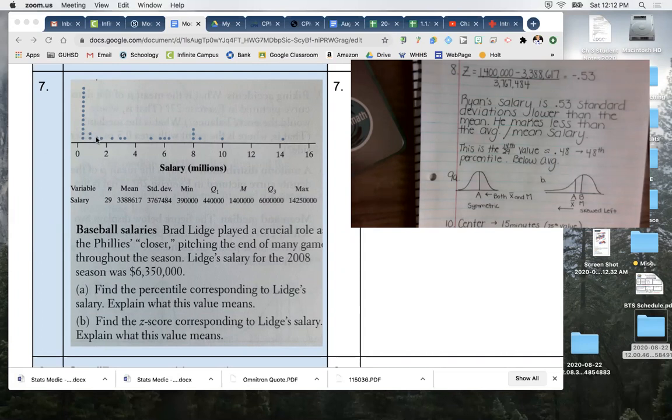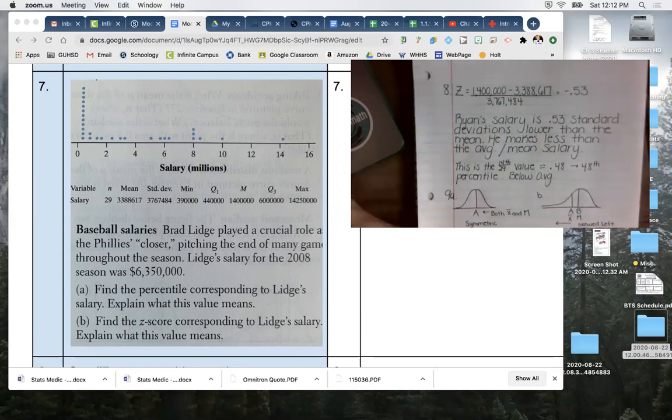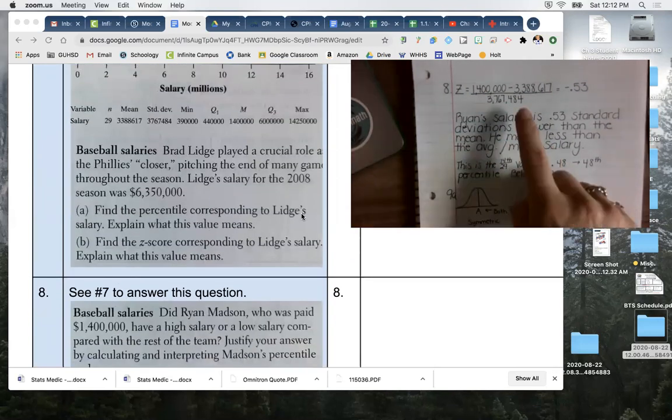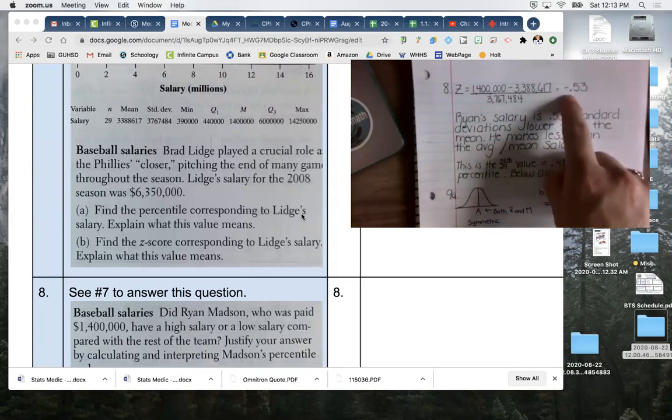So I used that one and counted how many were at or below his. Well, that's one way to do it, and he would be below the mean in that case. The other way to do it is to actually use a z-score. In my work, I decided to use the z-score. So I took his 1.4, subtracted the mean and divided by the standard deviation, just like I did in the last problem, to figure out that he has a negative z-score.